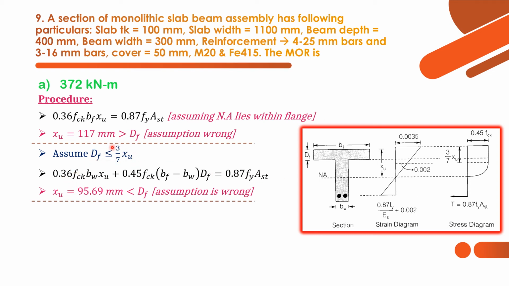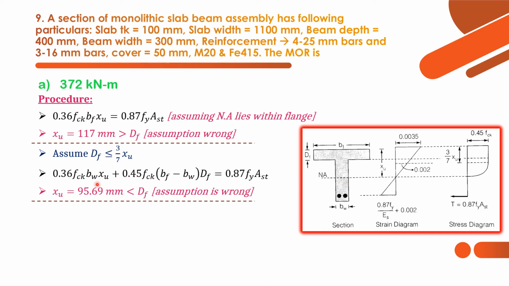In case we assume like this, we have to use this relation to find the XU value. So 0.36 FCK BW. Here we have to be careful in providing the width of the section. Here BW is given into XU, because we are considering the depth of the neutral axis lying in the web portion.